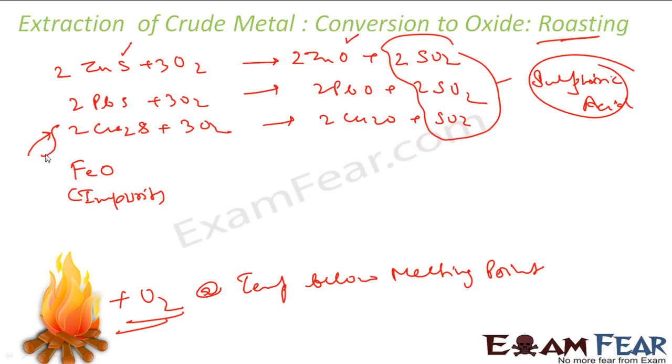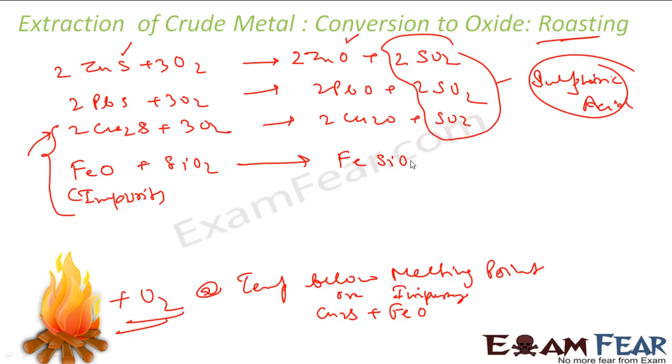I'm talking about this case now. Let's suppose there was an impurity with copper sulfide. That means I had an ore which has Cu2S and FeO, where FeO is my impurity, and Cu2S is the copper ore actually. So we also mix SiO2 into the whole ore. When you do the same process, when you heat it, this forms slag, and the slag can easily be removed.